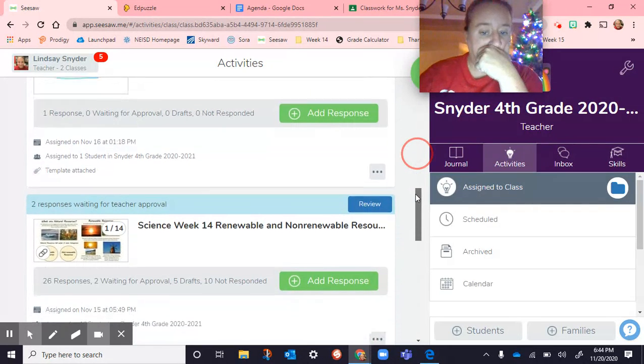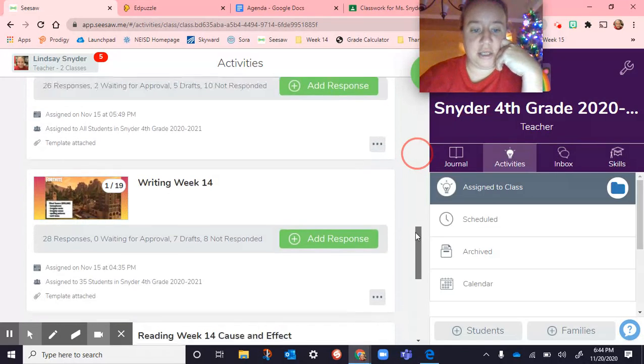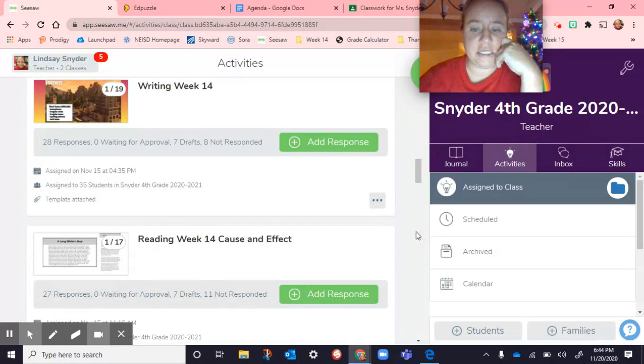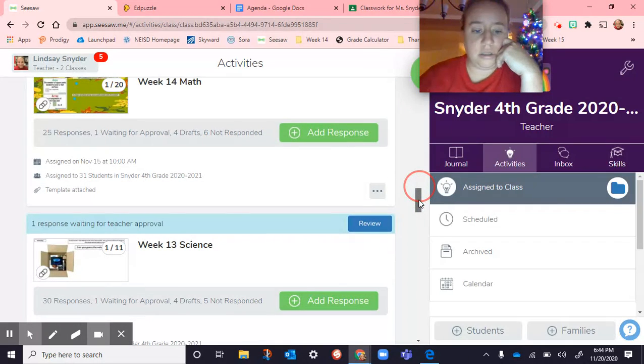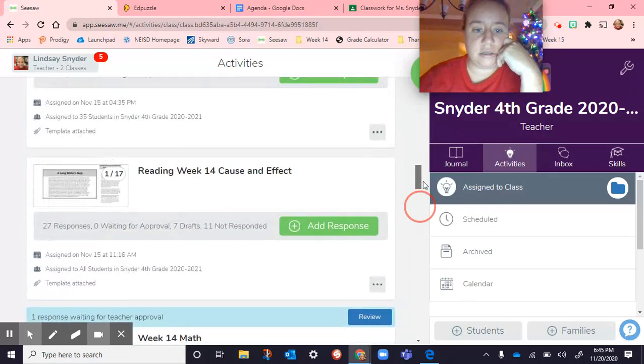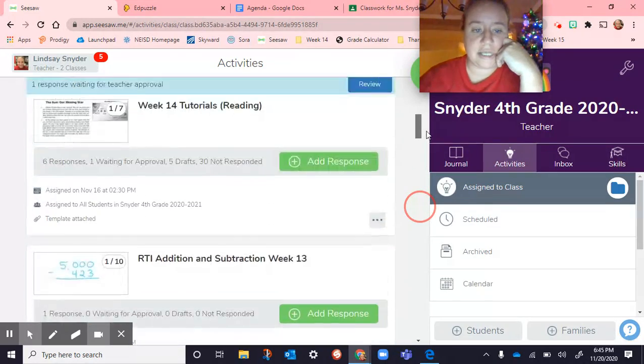And then, so science should be turned in, writing week 14, the reading week 14, the math week 14, and of course everything before, any weeks before, all that. So all these that say 14, make sure those were due today.